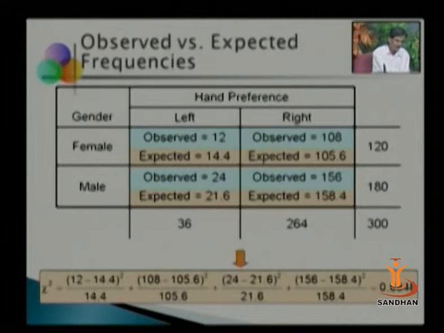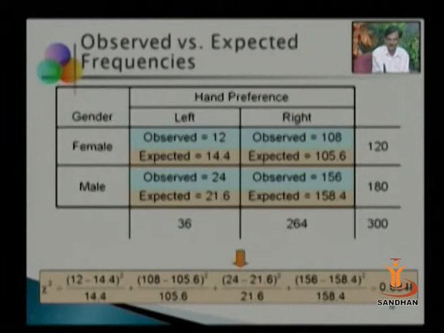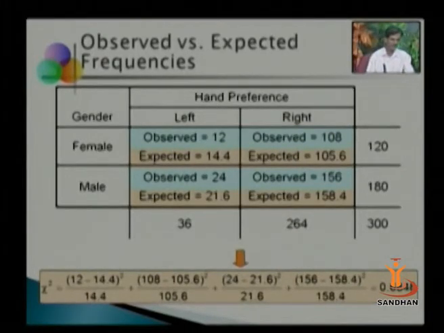From the observed and expected data one can calculate the chi-square test statistic using the formula, and ultimately we get the value of chi-square as 0.6848. This is the calculated value, which we call the observed value of chi-square.